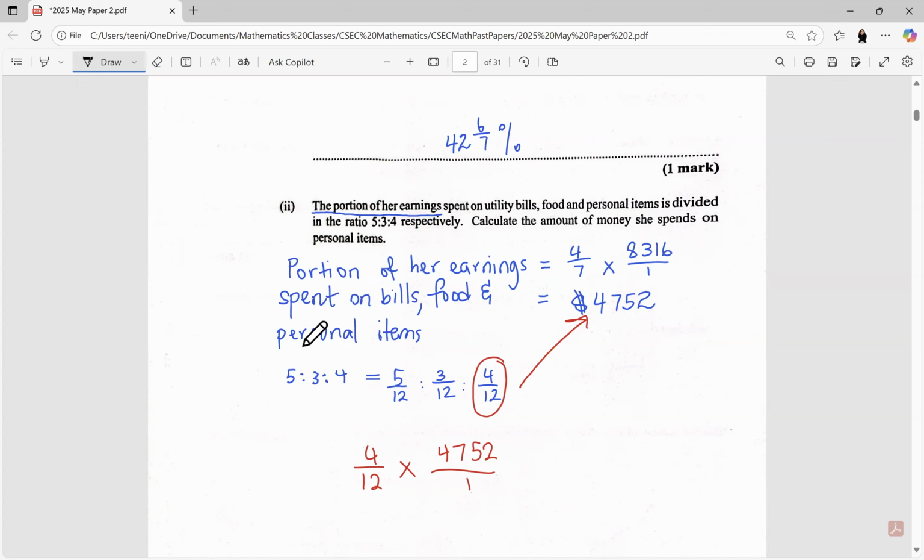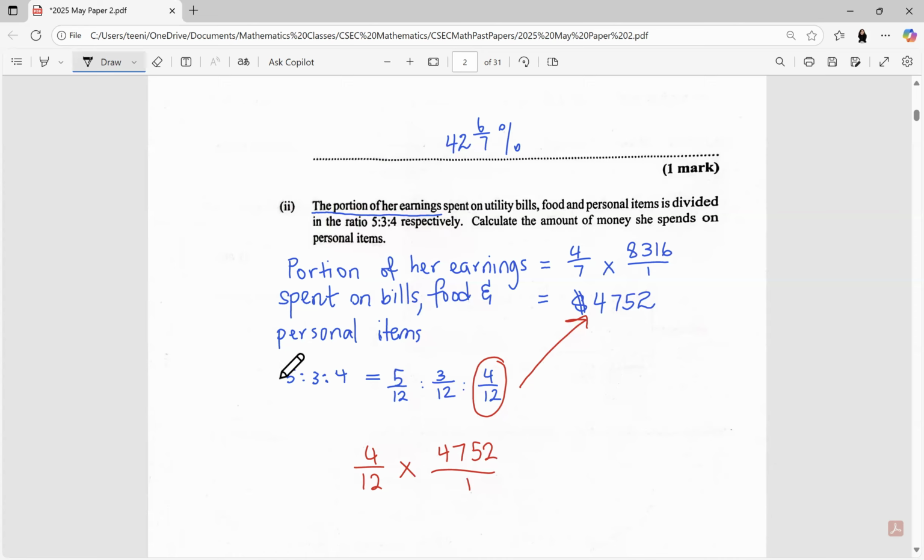Now, to interpret the ratio, we thought of it as fractions. In terms of parts, 5 parts on utility bills, 3 parts on food, and 4 parts on personal items. So the total number of parts that she divided her money into, you just add up the individual ratios. So 5 plus 3 plus 4, which is 12.